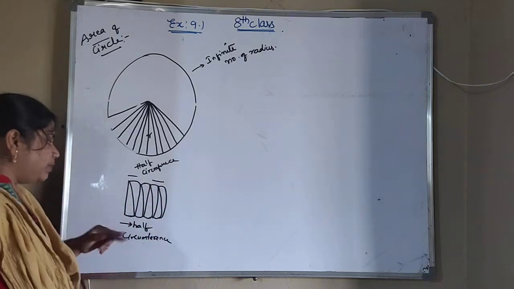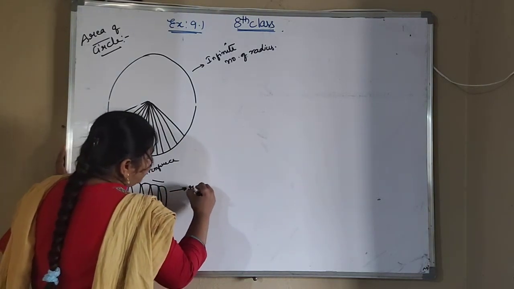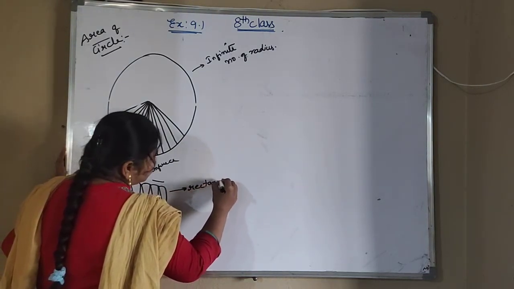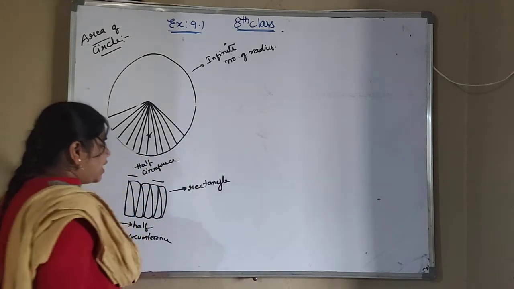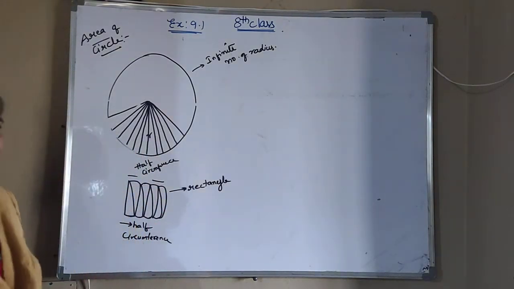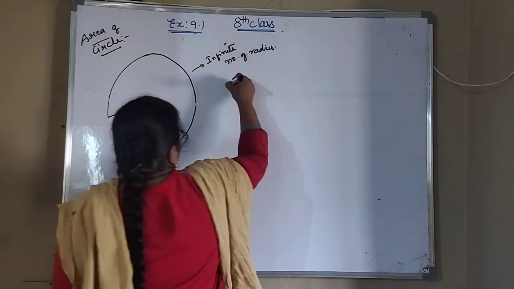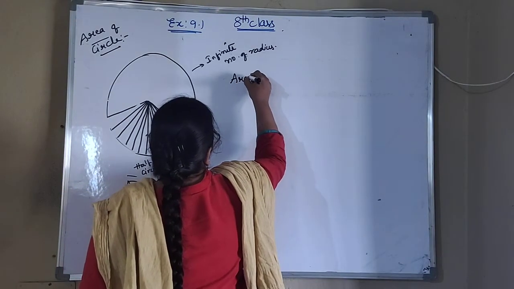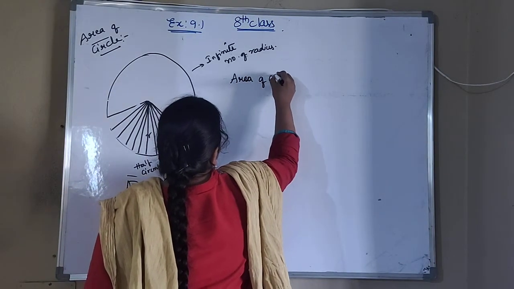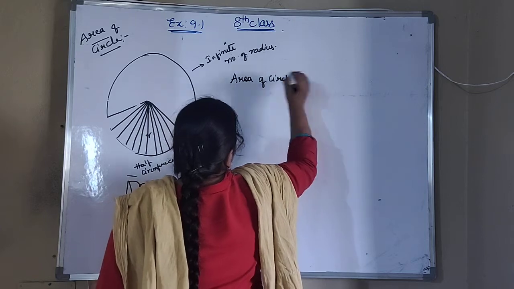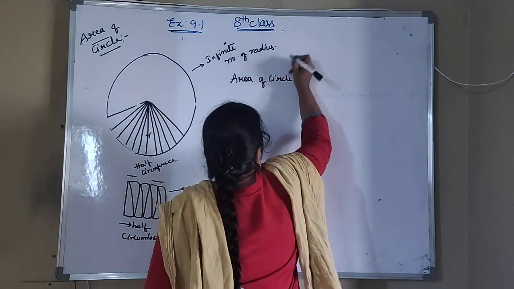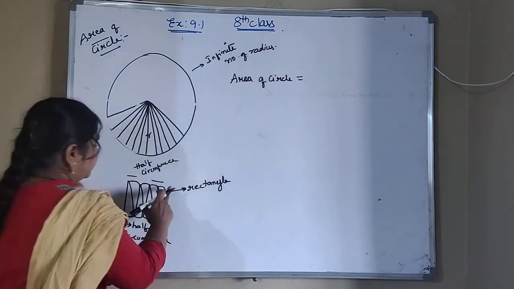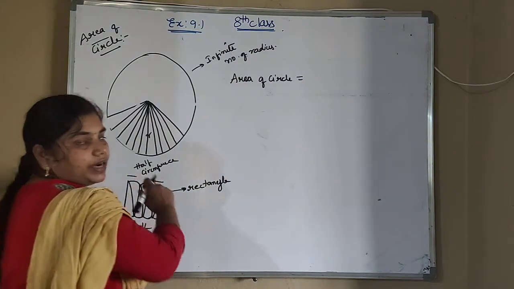And which figure has been formed? A rectangle figure has been formed. So we can take area of circle is equals to which figure has been formed? That is a rectangle.